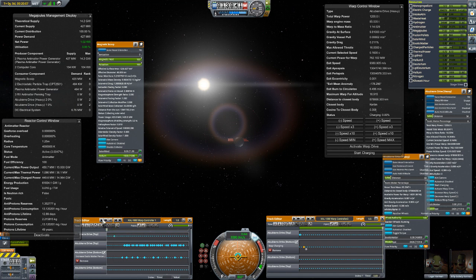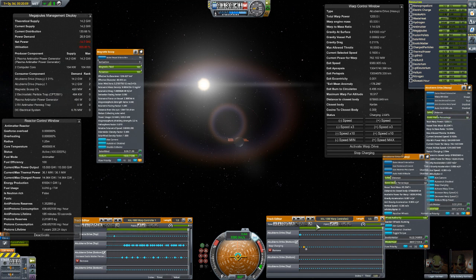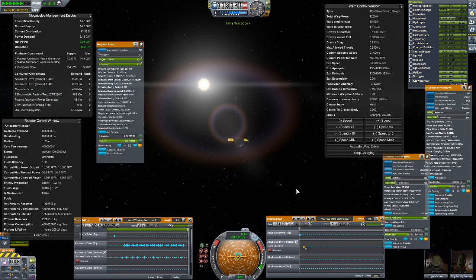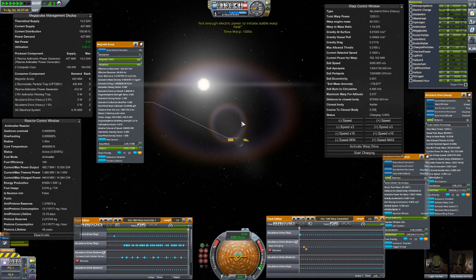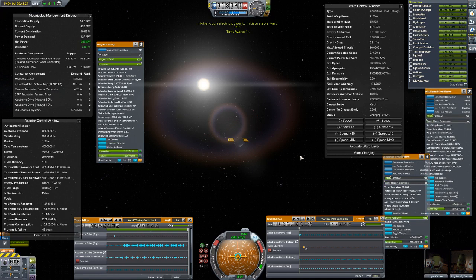You could also charge up ye ol' warp drive, and mind you, that collector is still on. It doesn't actually have the strength to do that, so we'll try this again.